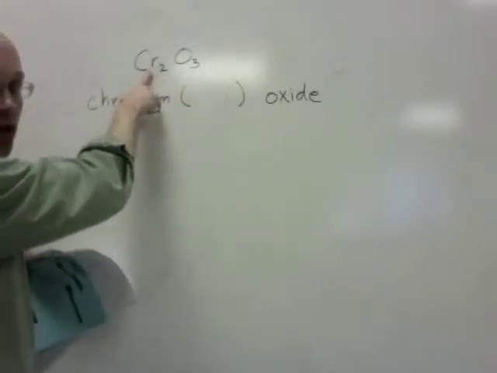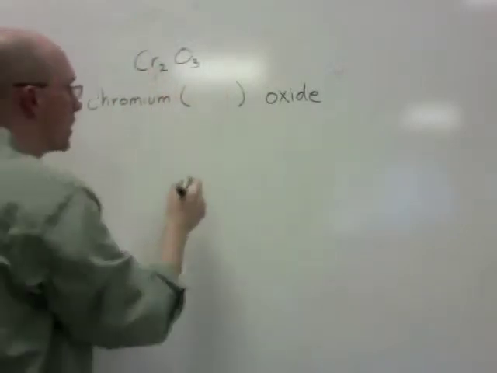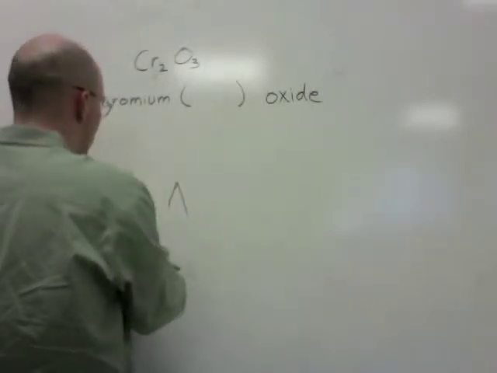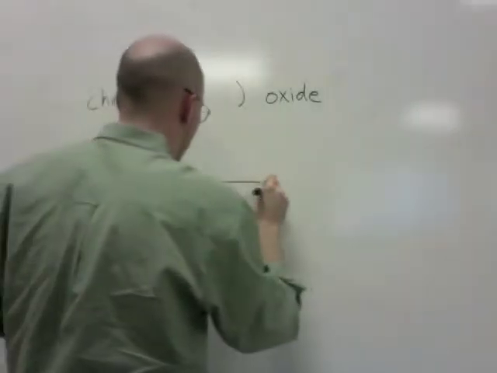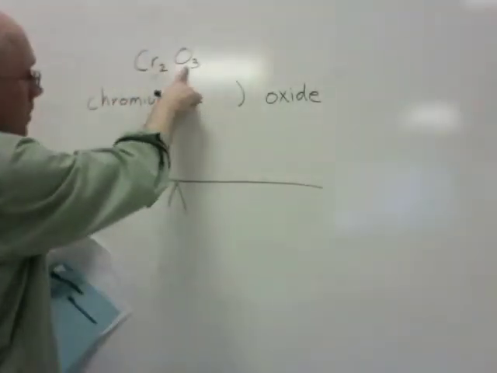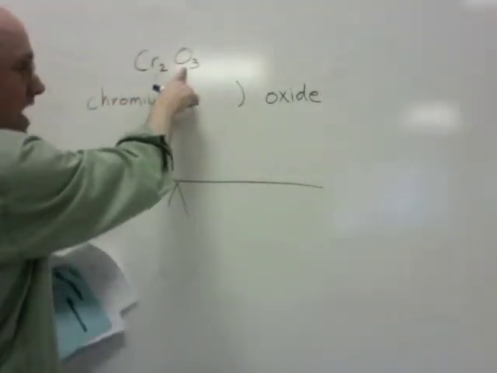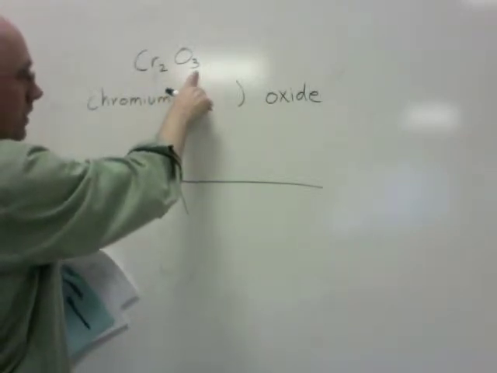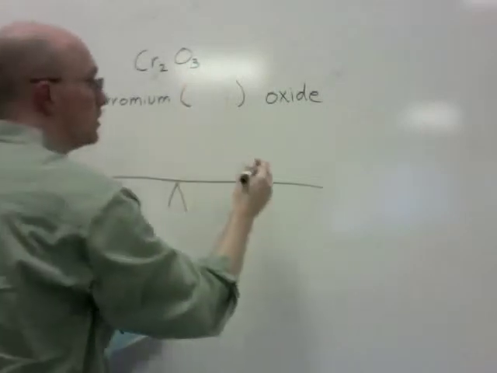It's going to be the charge on the chromium atoms here. Okay, so again, draw the little seesaw. Start with what you know. How many oxide ions are there? This formula says that there are 3.